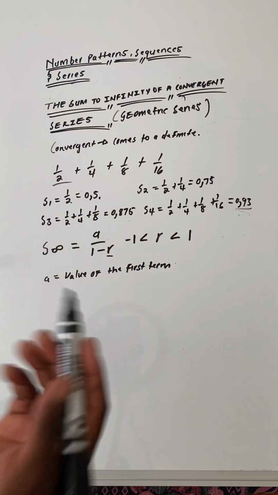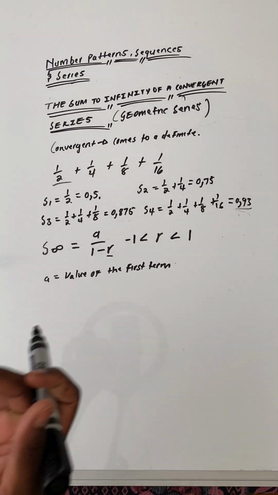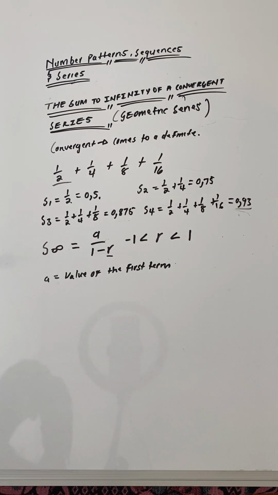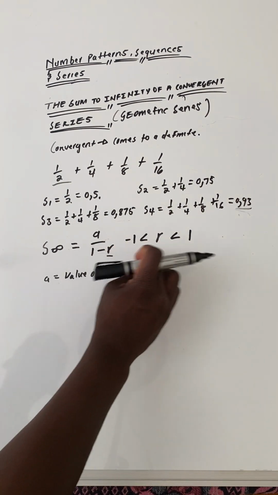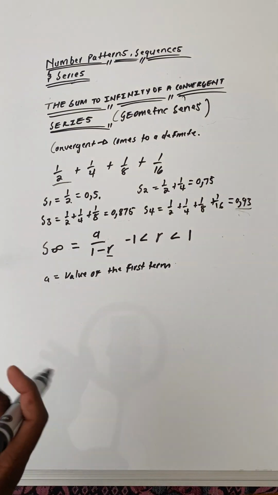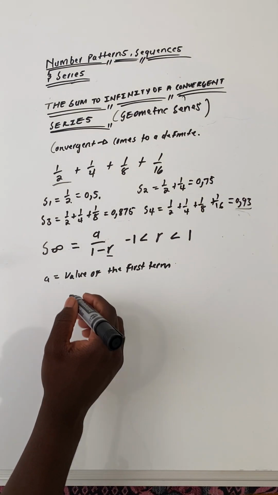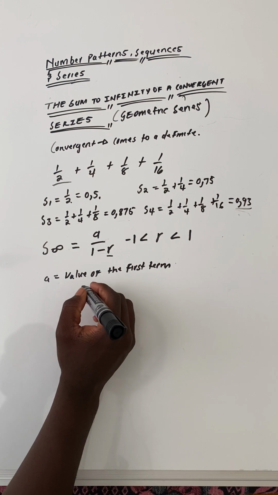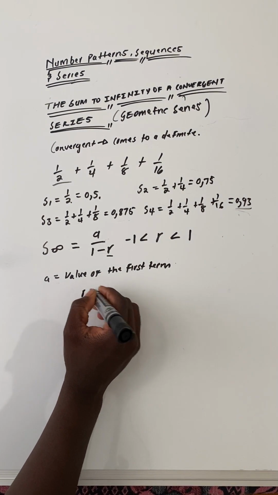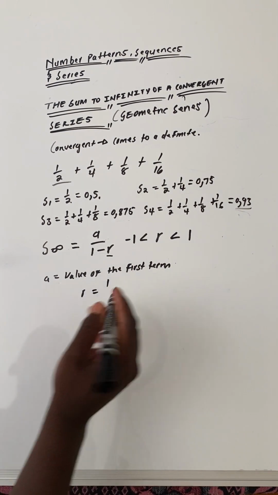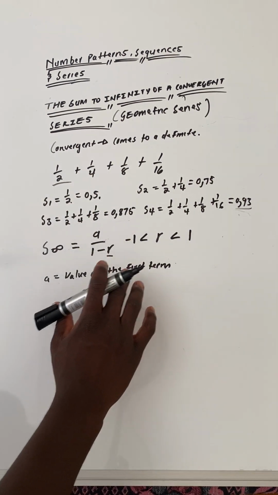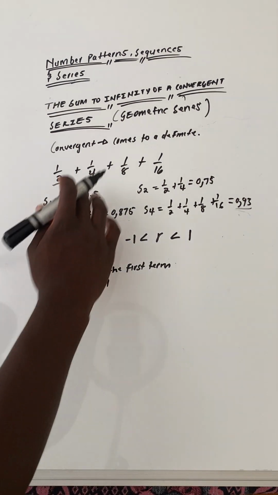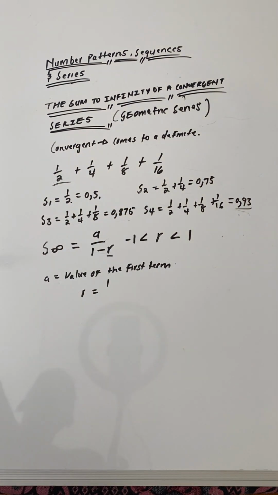So for example, if they say calculate the sum to infinity, our first point would be: what is r? Because for us to be able to use the sum to infinity, we must first make sure that r is between -1 and 1, right? So if we check that, r will be equal to, remember, for us to calculate r in a geometric number pattern, we must take term 2 divided by term 1, right?